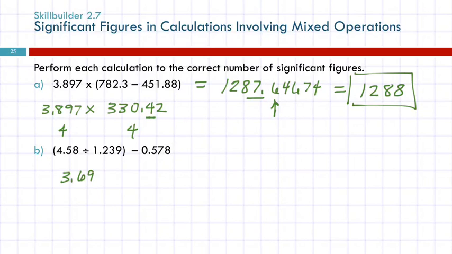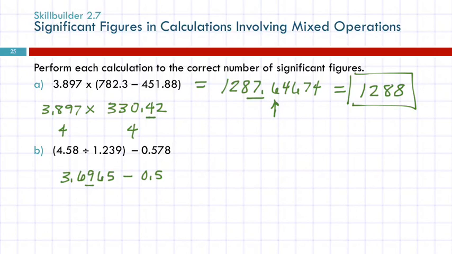How many sig figs would this result have? 3. So I'm going to keep 3. I don't want to round it, though. Write down the next 2. You can write down all of them, but if you do 2, that'll be enough to avoid rounding errors. So 6, 9, and the next digits are 6 and 5. So I want to keep those so that I don't have a rounding error.